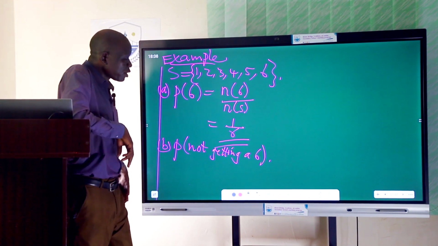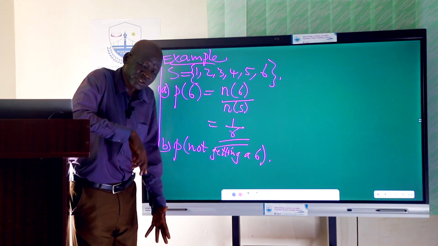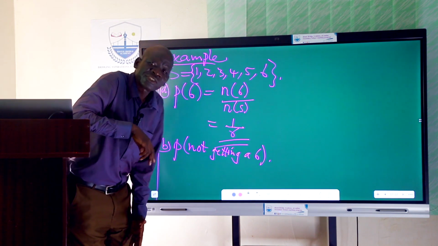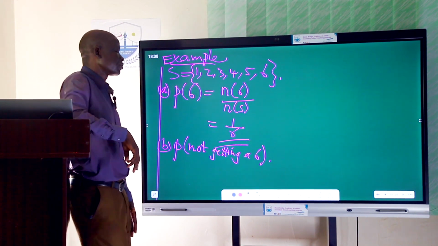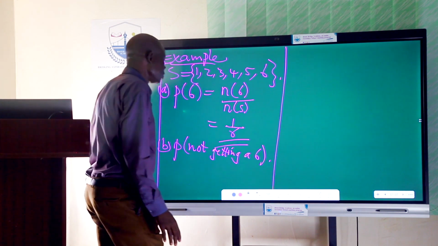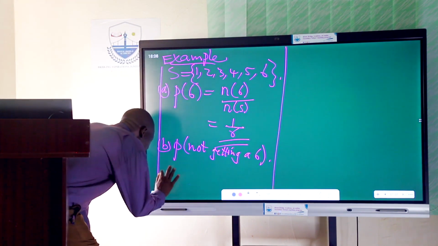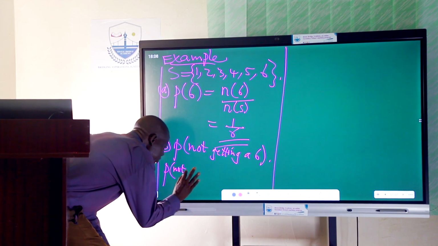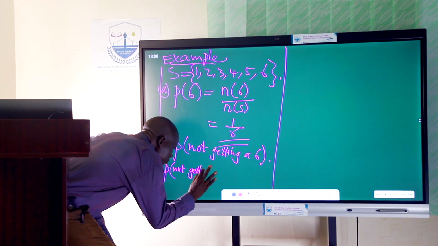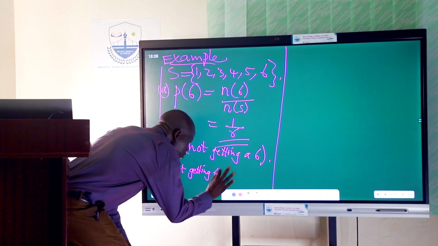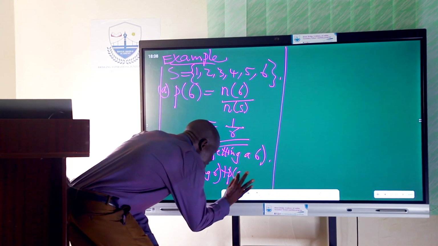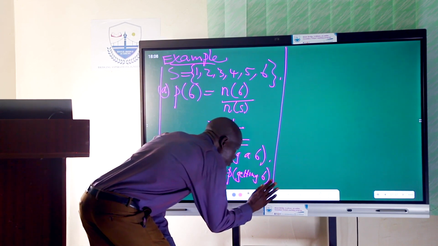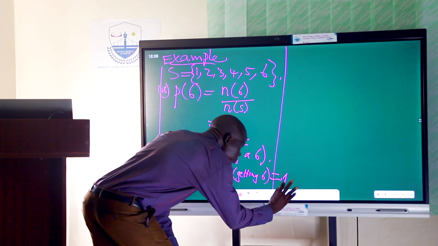Meaning that the probability of getting a 6 plus the probability of not getting a 6 is equal to 1. So, we shall say P of not getting a 6 plus the probability of getting a 6 must give us 1.